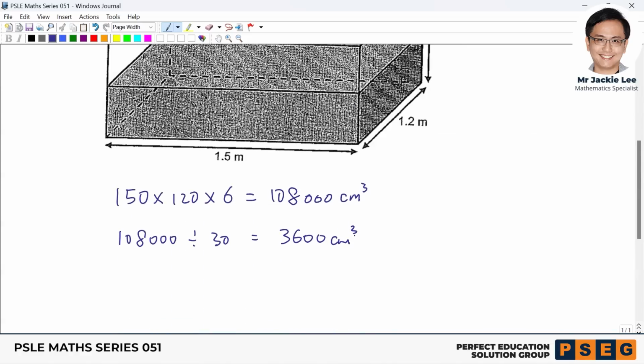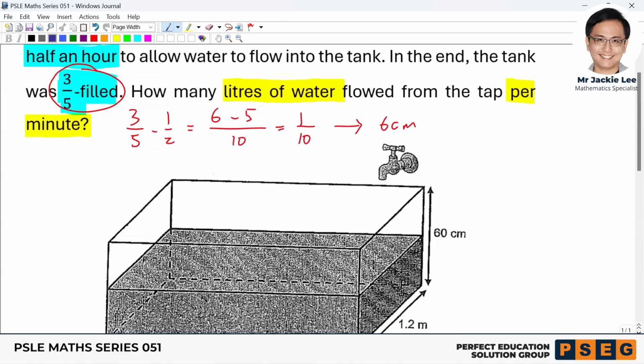So keep in mind, we have this thing which is 1 liter is 1000 cm cube. So obviously this one just divided by 1000. So therefore the final answer I think will be 3.6 liter per minute. Per minute actually I think you don't have to write, just write 3.6 liter will do.